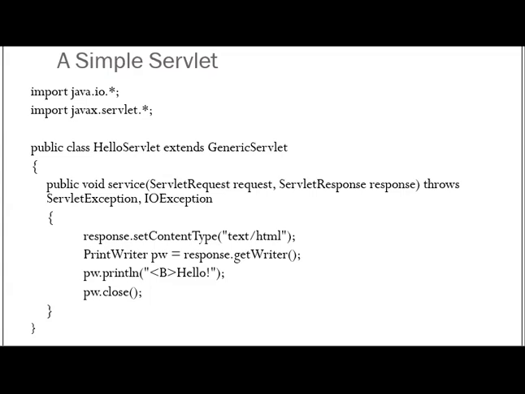Then inside that, we write a method, that is the service method. Its syntax is public void service, and it takes two parameters: one is the request, another one is the response.